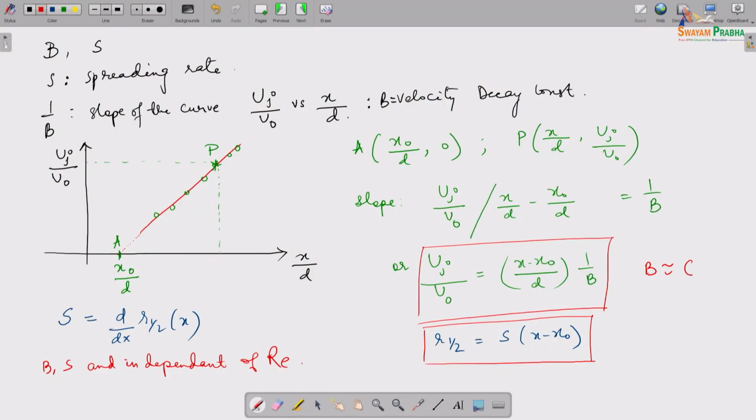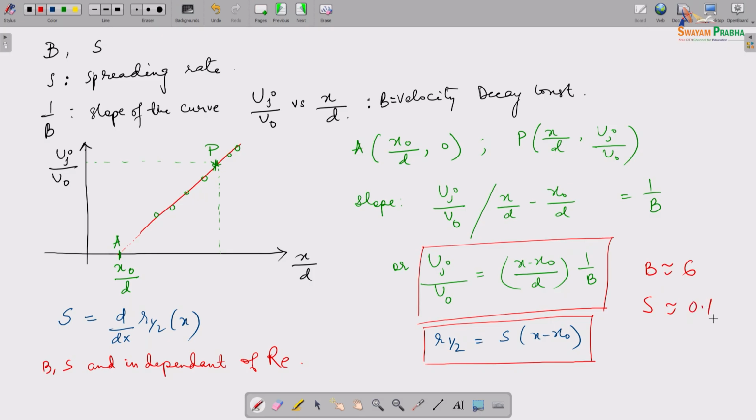Typical values of B were 6.06, 5.9, 5.8. So let us just say that the B value is about 6, and the S value is about 0.1.